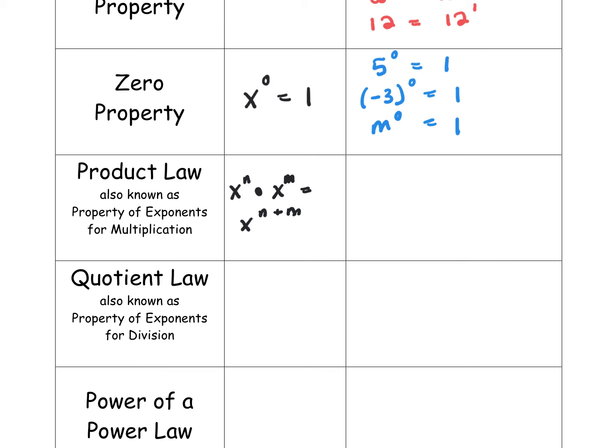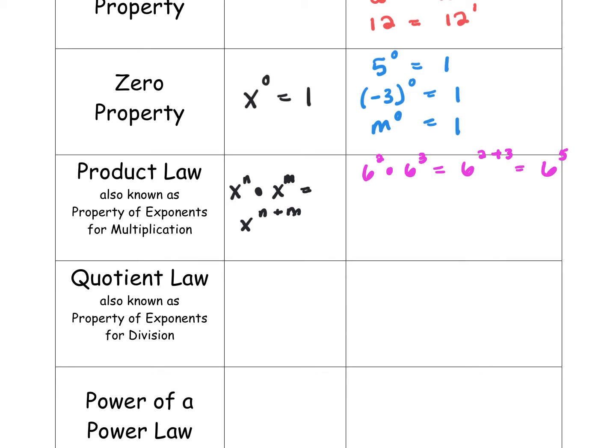So let's use numbers to make that a little bit more clear. If we started with 6 to the second power and we multiplied that times 6 to the third power, then we could write this as still the same base. As long as it's the same base, this law works. We would add the two exponents, and so we would get 6 raised to the 5th power.